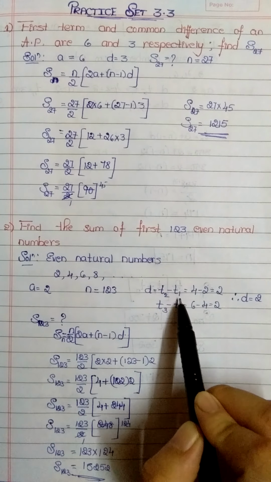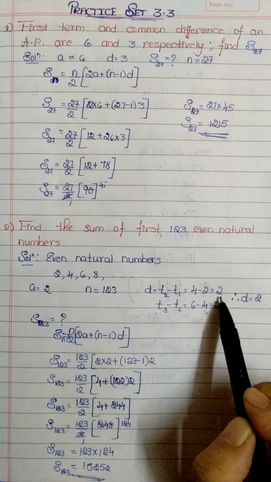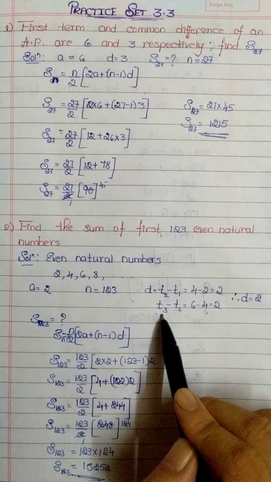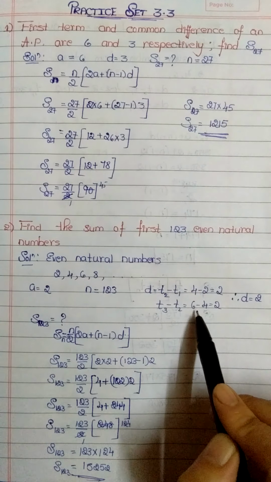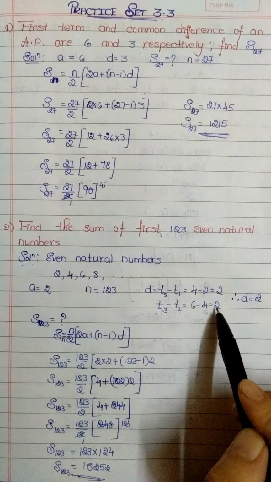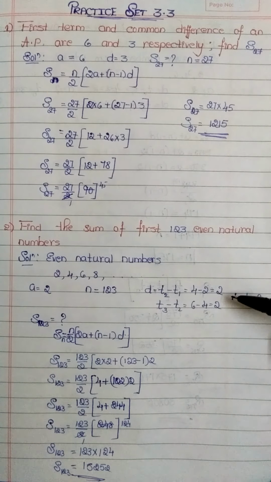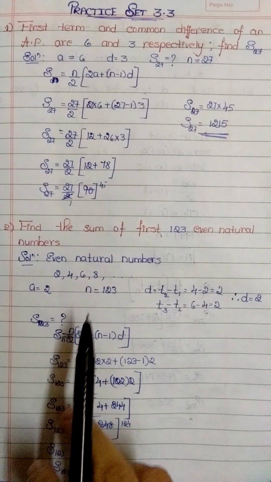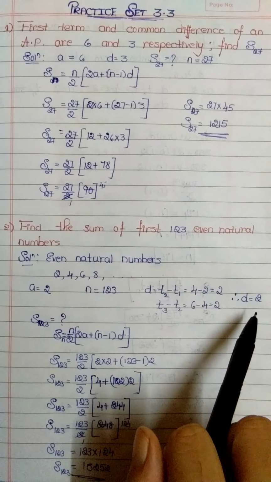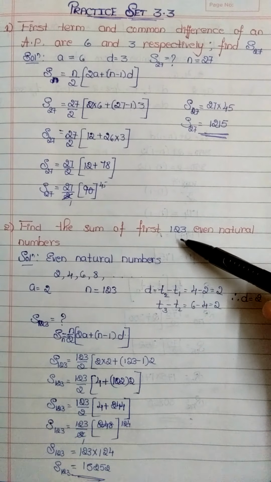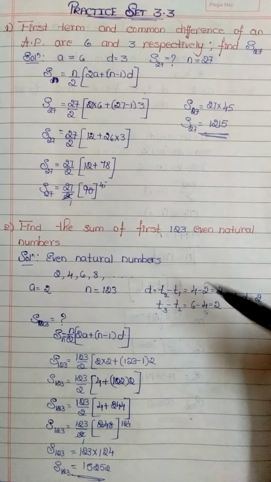So t2 minus t1 equal to 4 minus 2 equal to 2. Similarly t3 minus t2 equal to 6 minus 4, again it gives 2. In both the cases common difference is 2, that's why d equal to 2. Now we know a, n and d, and we have to find S123.